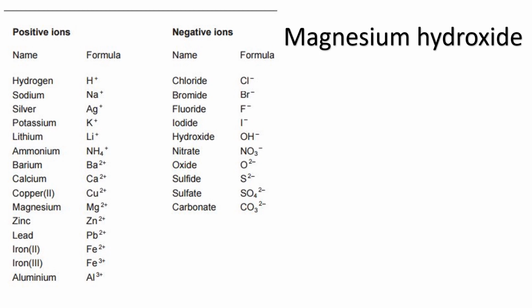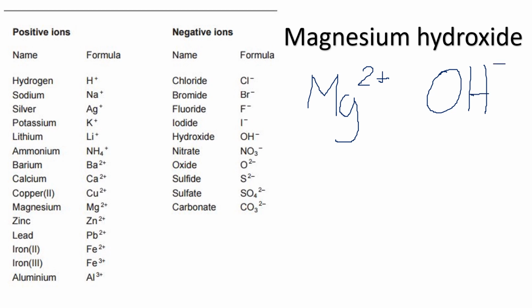We get to a more challenging example here with magnesium hydroxide. The magnesium is Mg2+ because it's in group 2. And the hydroxide is OH-. So what we're going to need is a second lot of OH- to balance out the charges. So I need to times the oxygen and the hydrogen by 2.